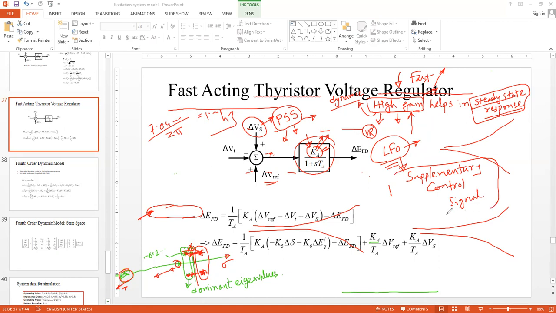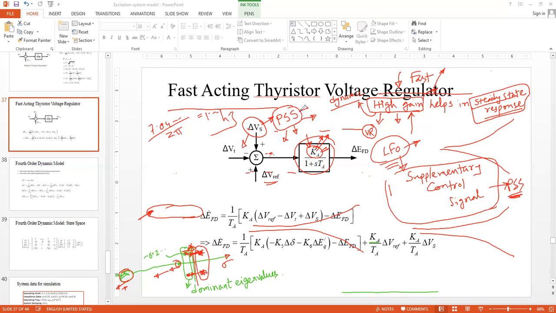This PSS would give us some additional signal which would be fed into this summing junction at this specific point at the input side of the fast acting voltage regulator.